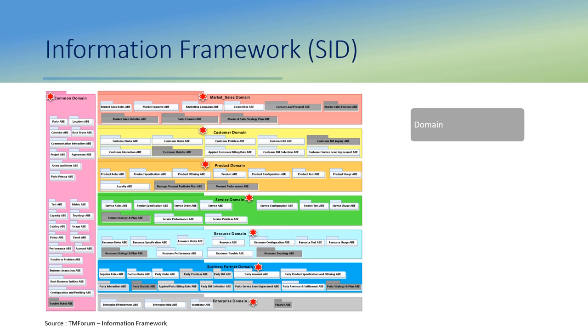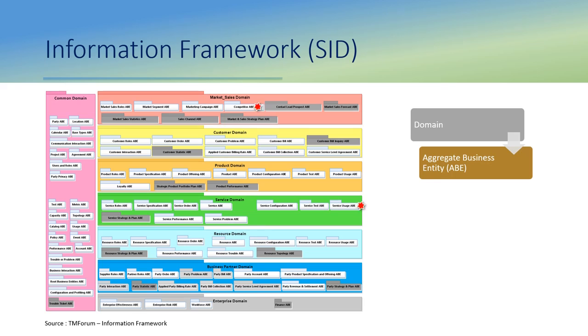domain, that is a collection of aggregate business entities associated with a specific management area. Domains include concepts such as market, sales, product, customer, service, resource, supplier, partner, and enterprise.